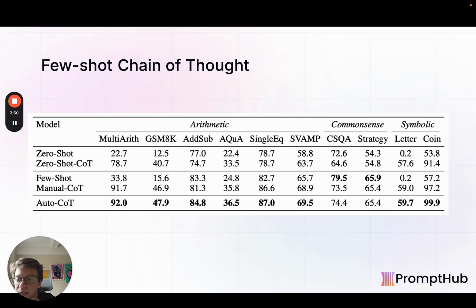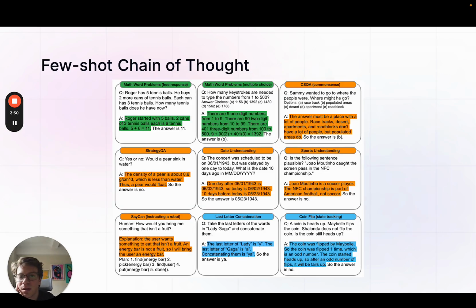Next will be few-shot chain of thought. In general, this is being pulled from the automatic chain of thought paper, which will be linked below as well. What they found there was their automated method beats the manual chain of thought, which is few-shot prompting, which beats zero-shot chain of thought.